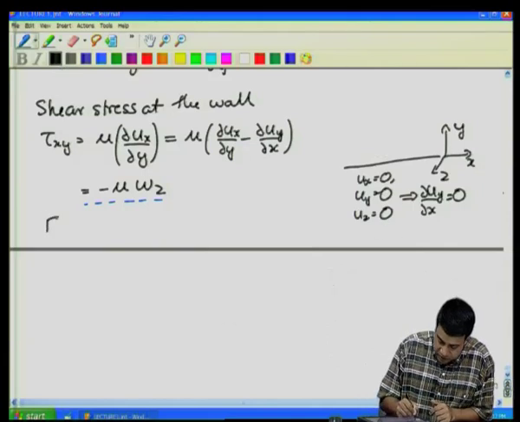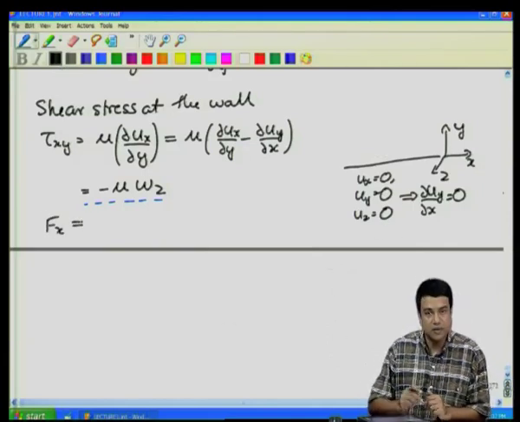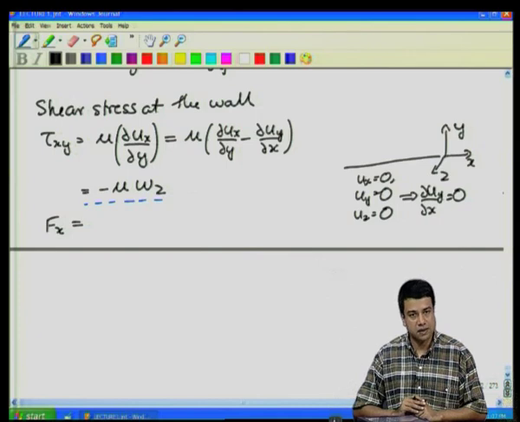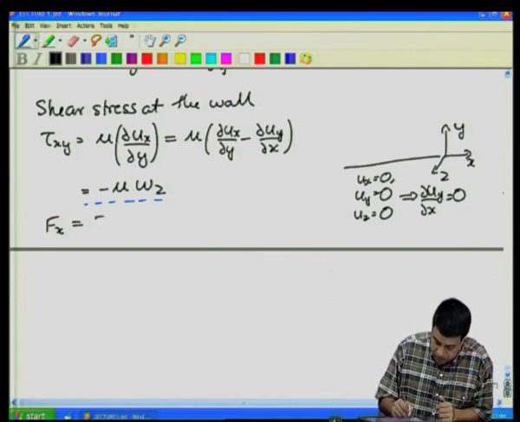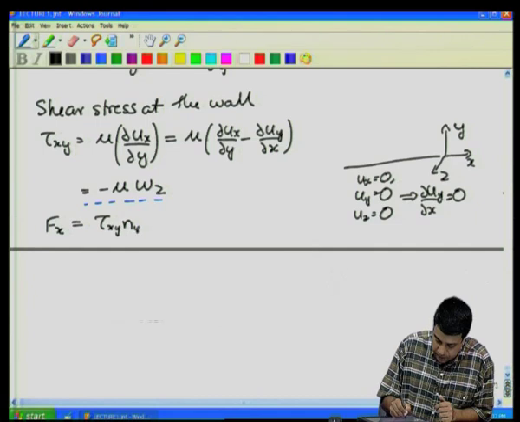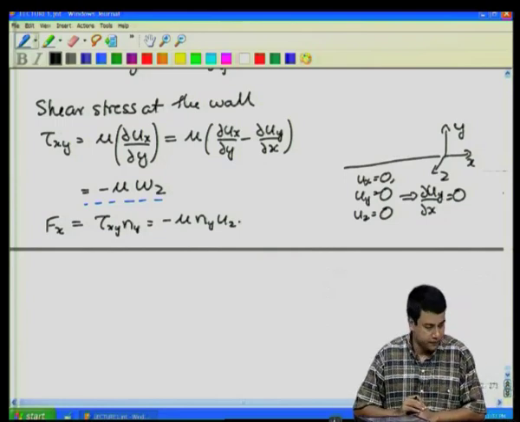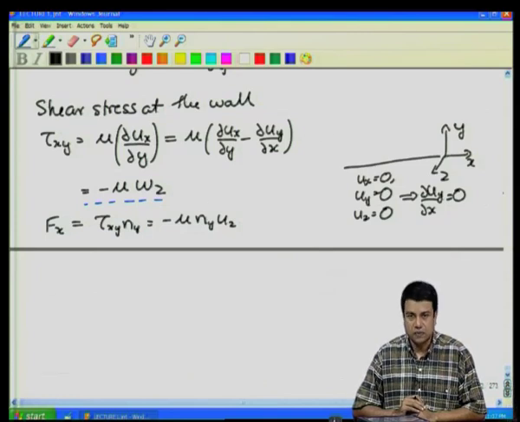Therefore, the tangential force exerted in the x direction at the surface is equal to tau x y n y, is equal to minus mu n y omega z. This is the viscous shear stress tangential to the surface.